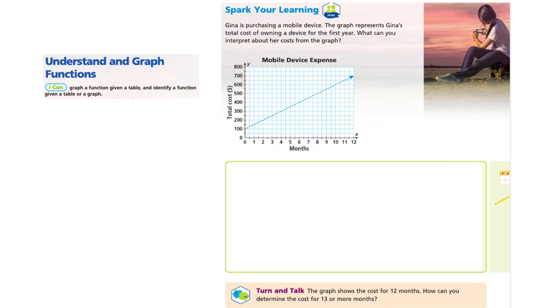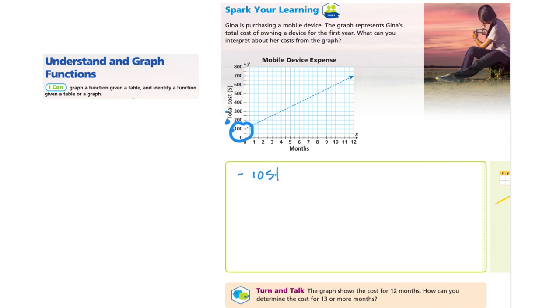So hopefully you worked on this on your own a little bit. But let's start here. So they have total cost, and here at $100 is where the line begins. So that's interesting. It doesn't start at zero. So that tells you something. And so hopefully you thought about the fact that if the initial cost is zero or 100, that's probably the cost of the device itself.